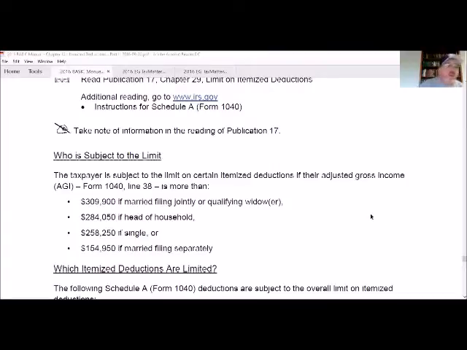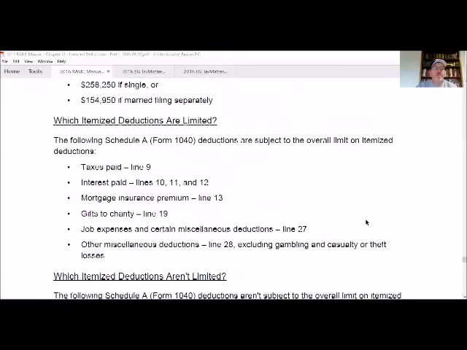Your income has to be very high, obviously. If you're showing itemized deductions of $258,000 for somebody that's making $100,000, it doesn't make sense, because there's got to be income that's allowing you to itemize these deductions. So those are on there.